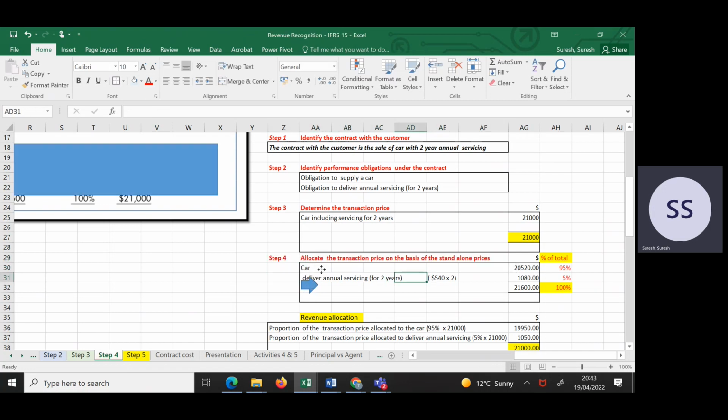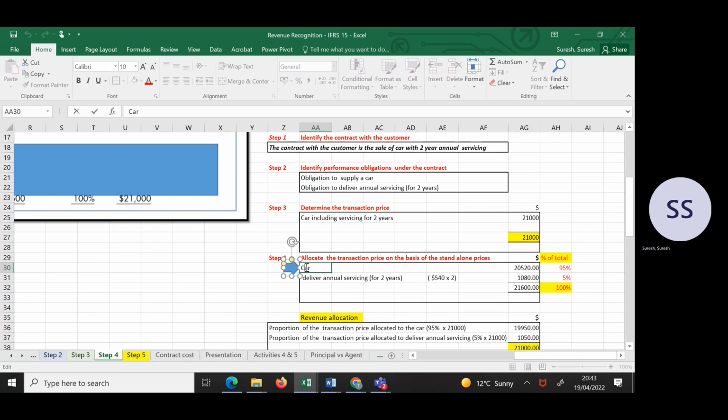Now I need the standalone prices, right? Once I find the standalone prices, then I will be able to deal with it. So I need to know, if I'm going to buy the car, how much the standalone price of the car is.